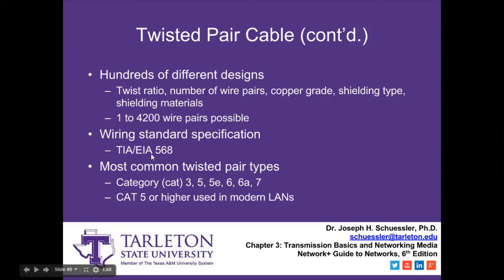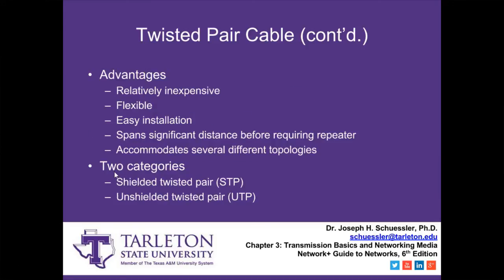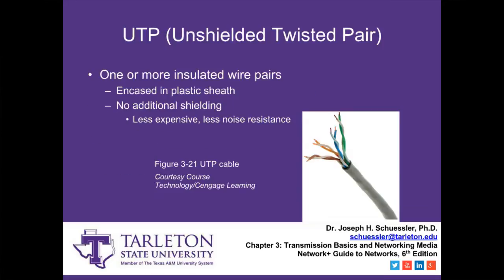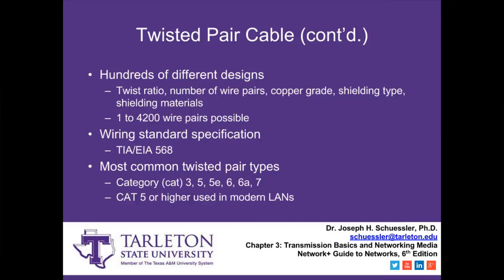There's a couple of different wiring standards, in other words, the pinouts, if you will, that tell you where these wires should actually go. We'll see another slide on that here in just a second. So I'll come back to that.